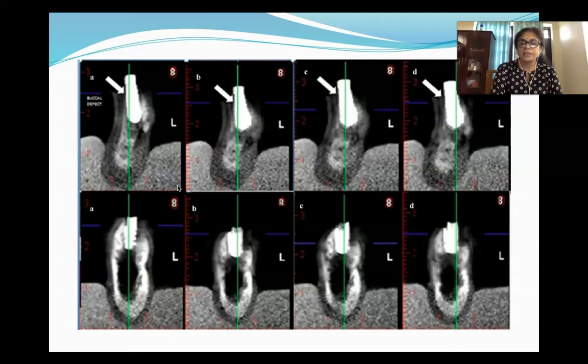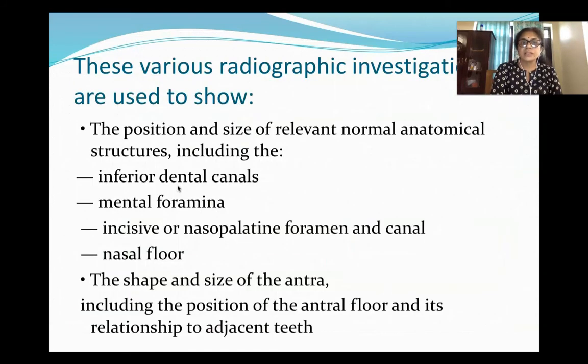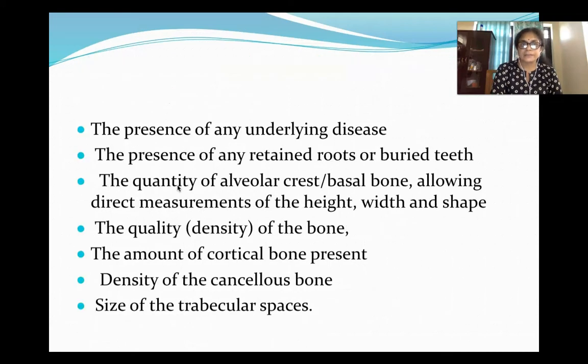These various radiographic investigations are used to show the position and size of relevant anatomical structures, including the inferior dental canals, mental foramen, incisive or nasopalatine foramen and canal, nasal floor, the shape and size of the antra including the position of the antral floor and its relationship to adjacent teeth.